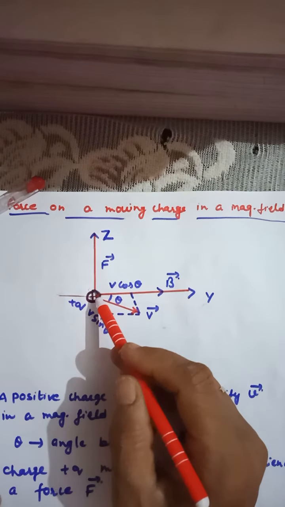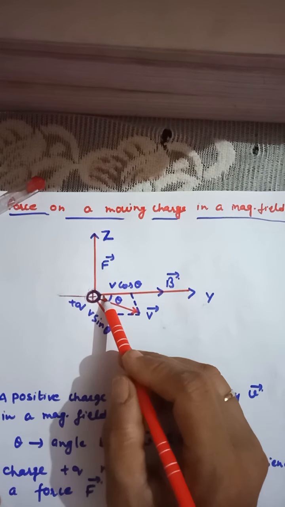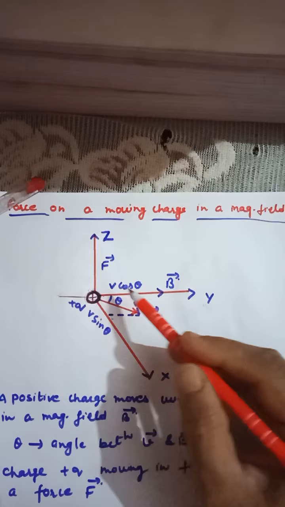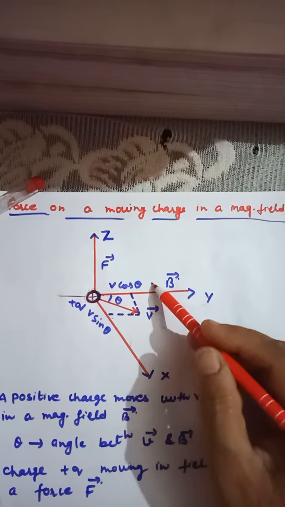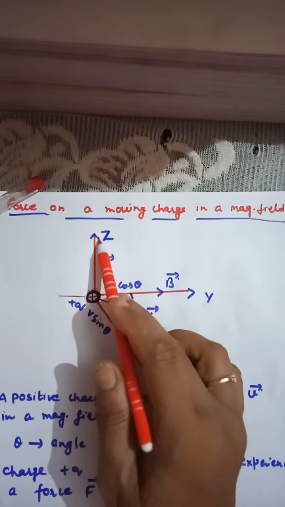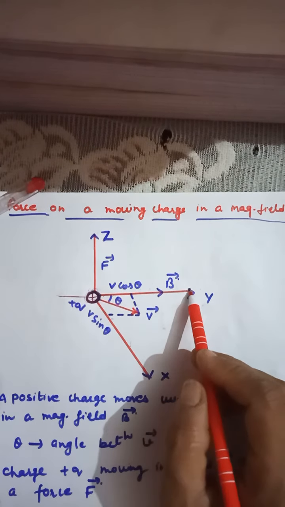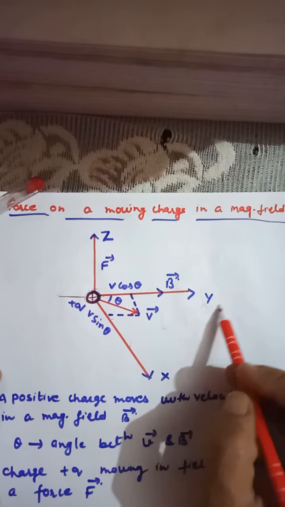In this diagram, I have taken a positive charge, and this positive charge is moving in the direction between the x and y plane. This is the x axis, this is the y axis, and this is the z axis. It is given that the magnetic field exists along the y axis.